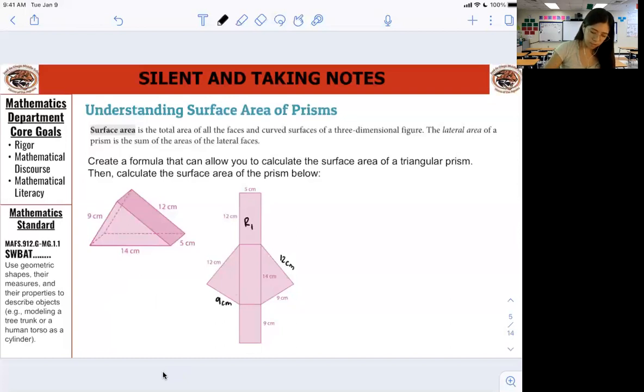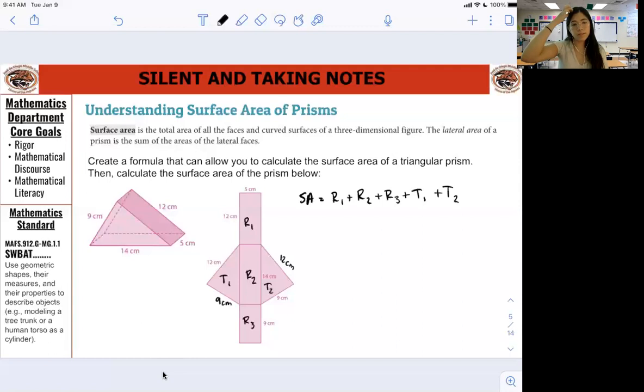So R1, R2, R3, and I'll call these T1 and T2. Surface area, we're going to add everything up. That's going to be R1 plus R2 plus R3 plus T1 plus T2.